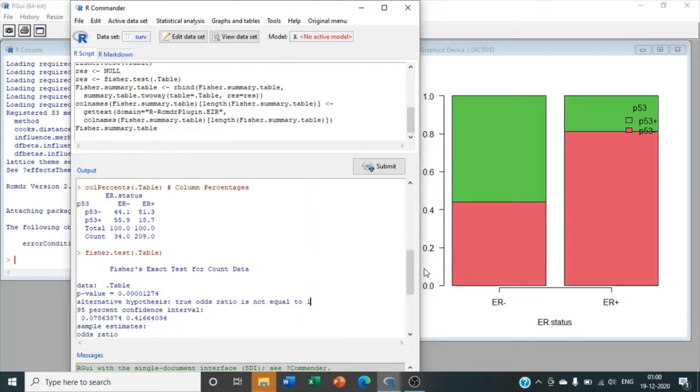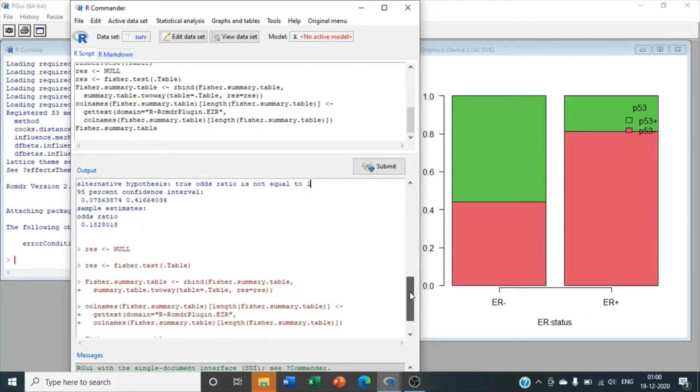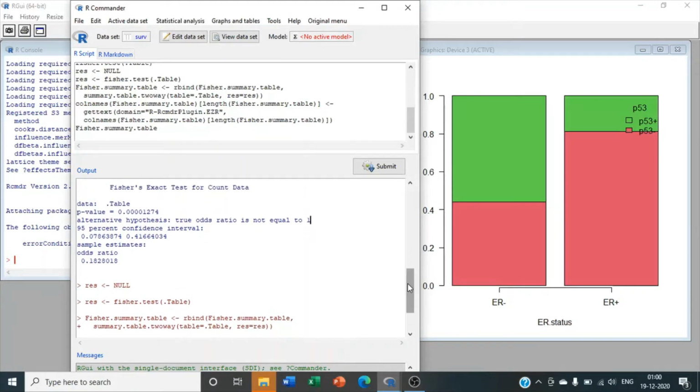By how much? We can get that by the odds ratio of 0.1828018. Odds ratio can range from 0 to infinity. The null value, as we have already stated, is 1 if there is no relationship between the two dichotomous variables. The odds ratio will be 1. 0 to 1 means that when you move from one category to another, the probability of finding the other variable decreases.